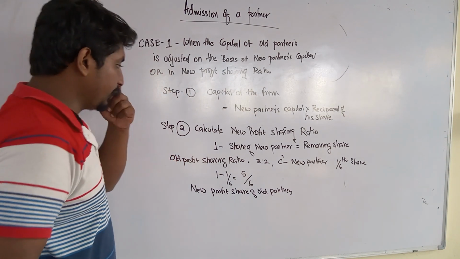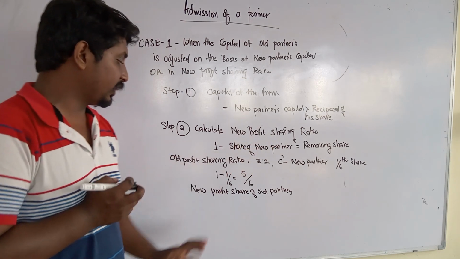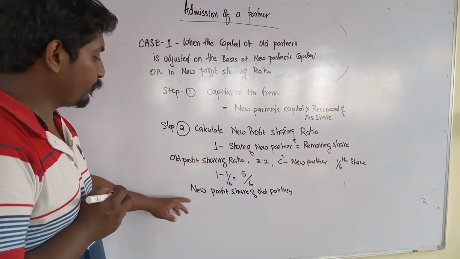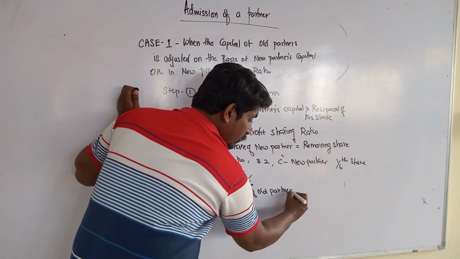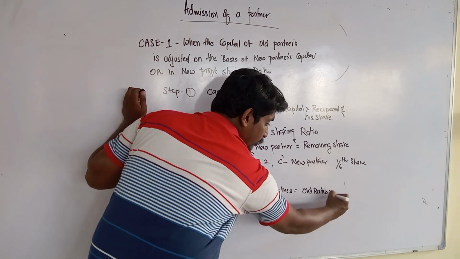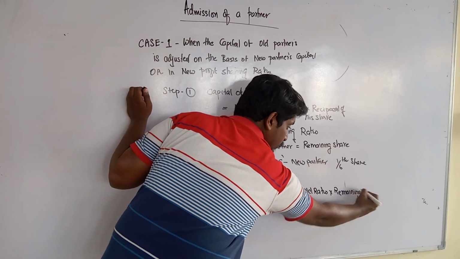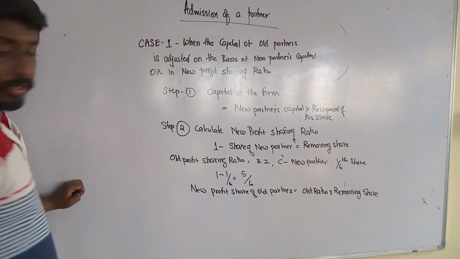To calculate the new profit share ratio, what should we do first? 1 minus share of new partner is the remaining share. In this case, the remaining share is 5 by 6. Next, I have to find the new profit sharing of old partners, which is old ratio into remaining share.